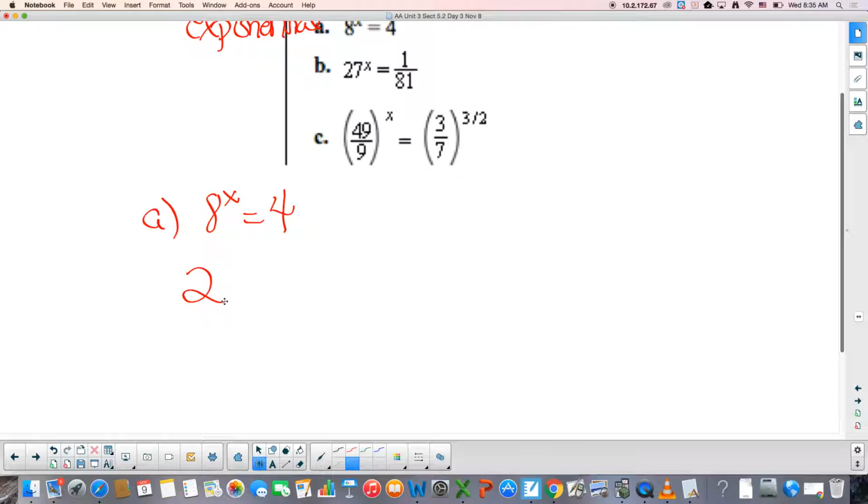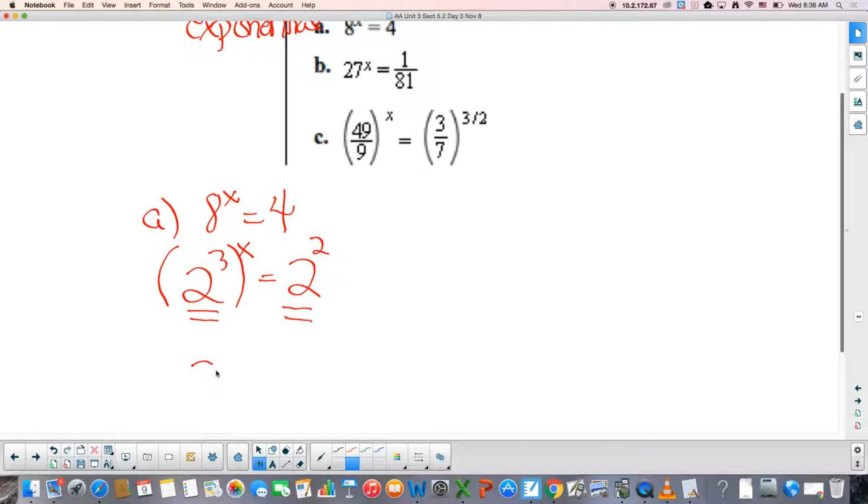So 8 is 2 what? Third, right? And that's to the x power equals 4. What's 4 in base 2? 2 to the second power. As long as these bases are the same, then the exponents will be the same. It's one of the properties. I don't even state it, I just do it.